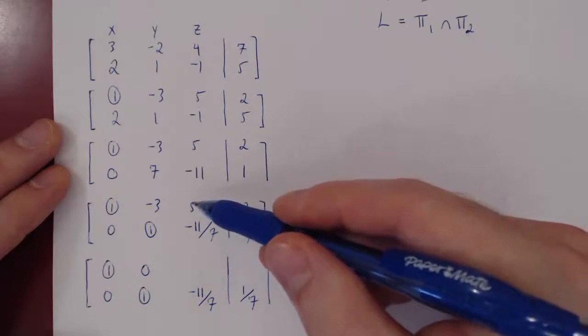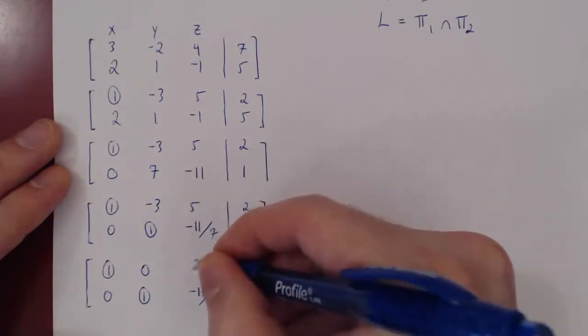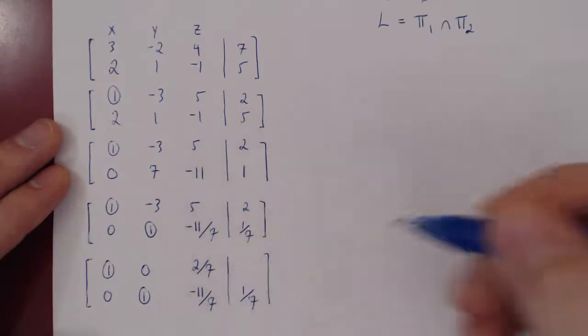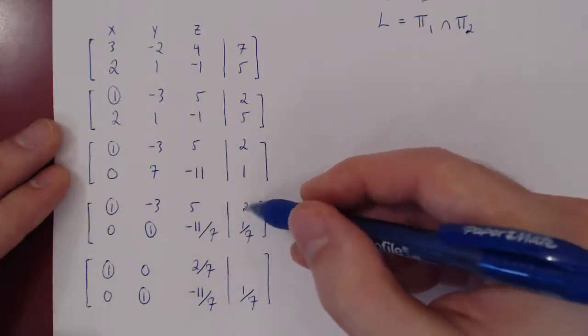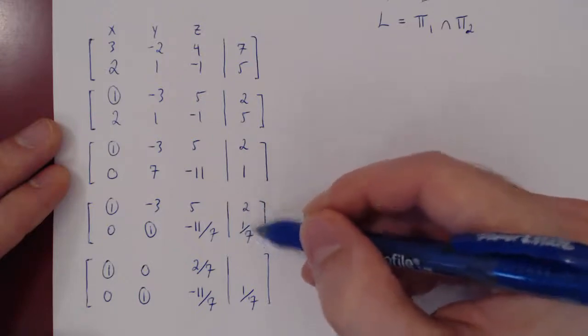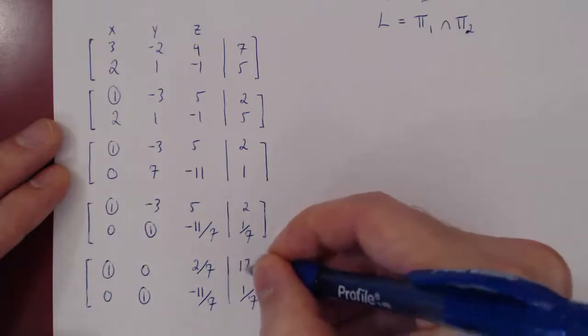But 5 is 35 over 7. 35 minus 33 is 2 over 7. Then 2 plus 3 over 7, but 2 is 14 over 7, plus 3 is 17 over 7.